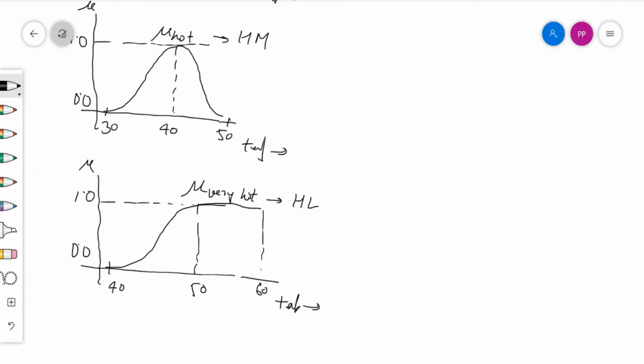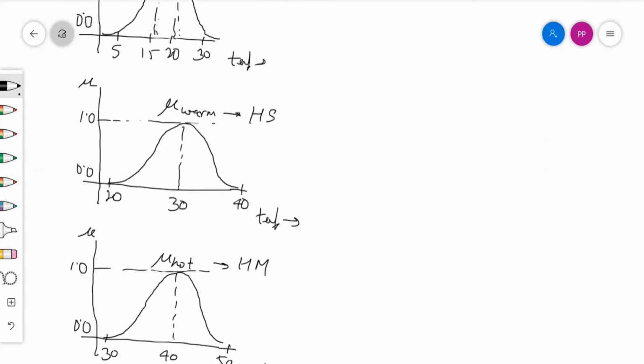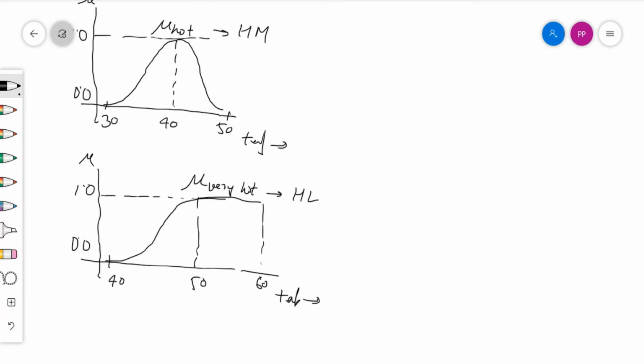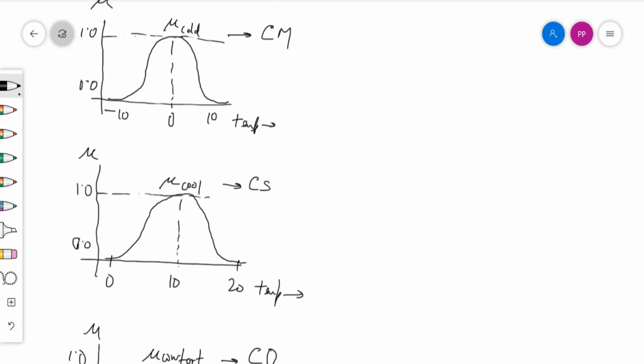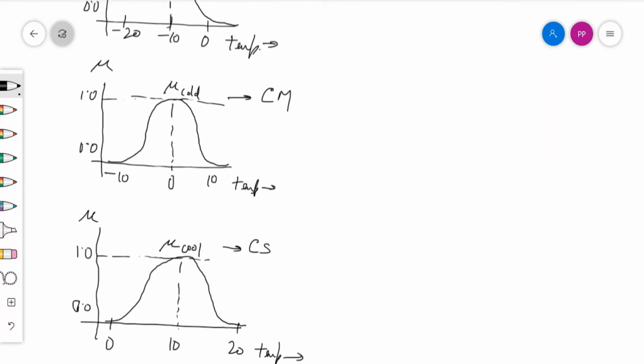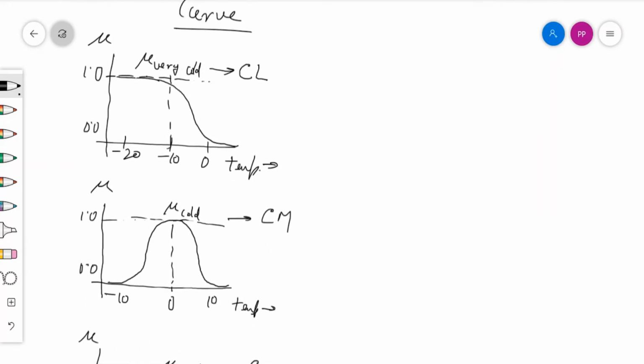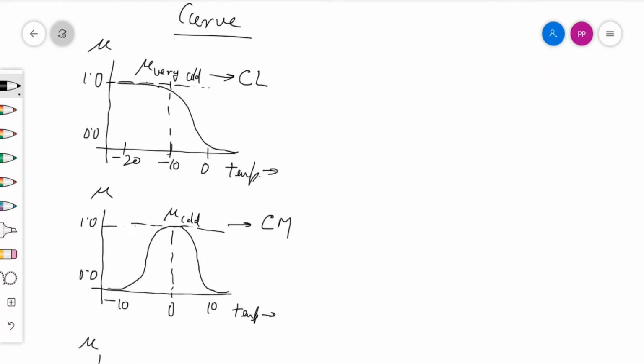So once we have drawn the curves, we can now see how in fuzzy logic we transform these curves into the linear graphs of fuzzy logic. So let us draw the fuzzy graphs.